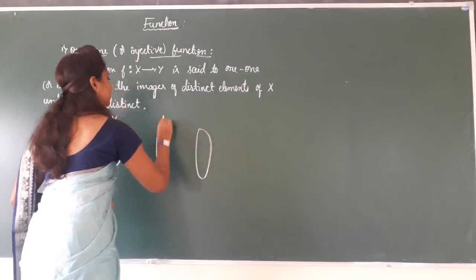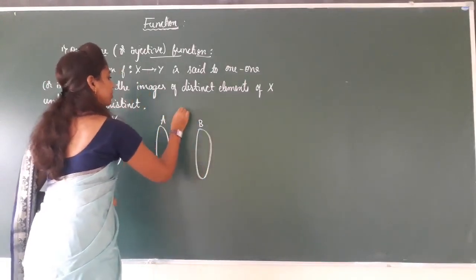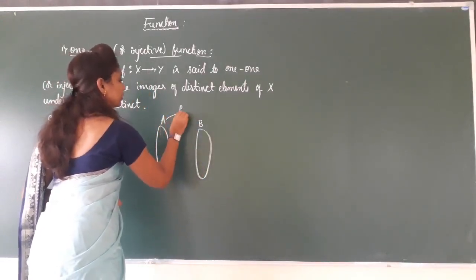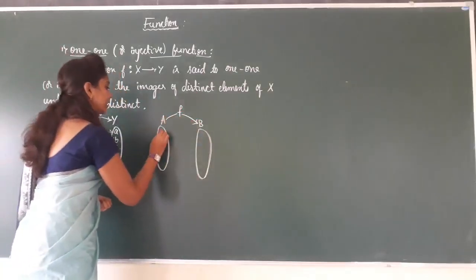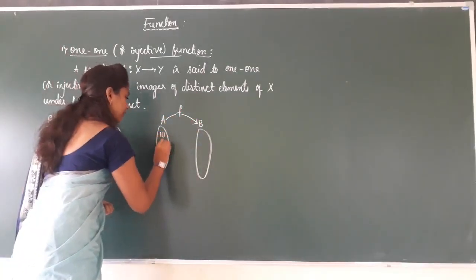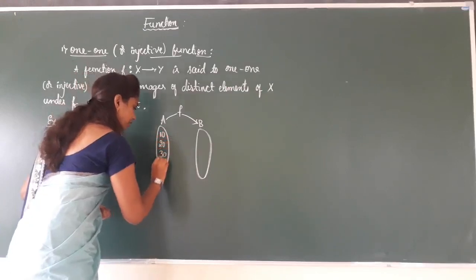Okay, see another example. I am taking the sets A and B, a function f mapping set A to set B. A having the elements 10, 20, 30 and 40.